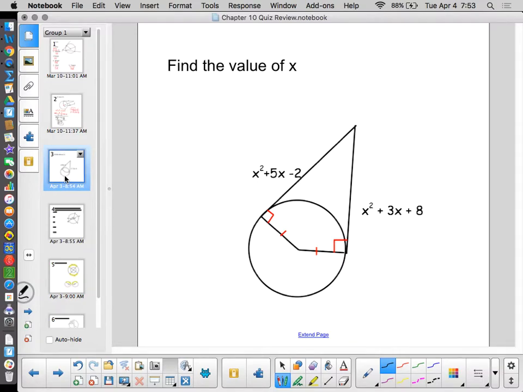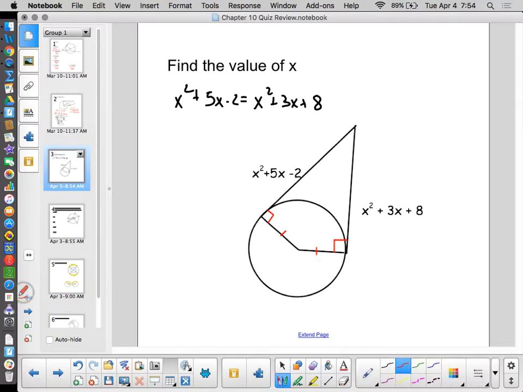This is another one that looked really hard, but really is not, because what's got to be true? Two tangents from a common external point have to be congruent. So this x squared plus 5x minus 2 equals x squared plus 3x plus 8.